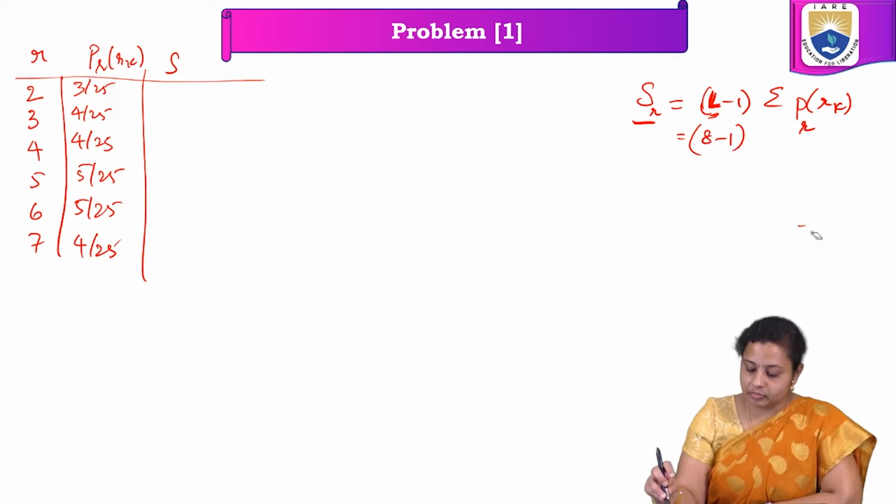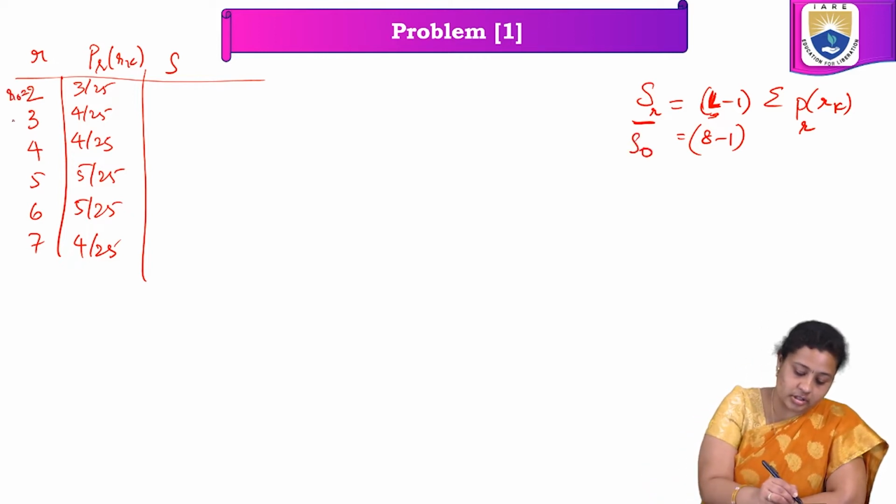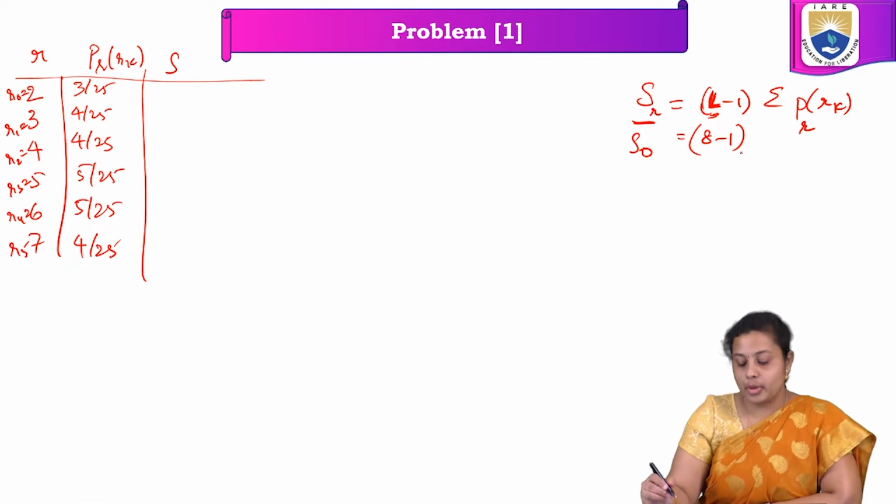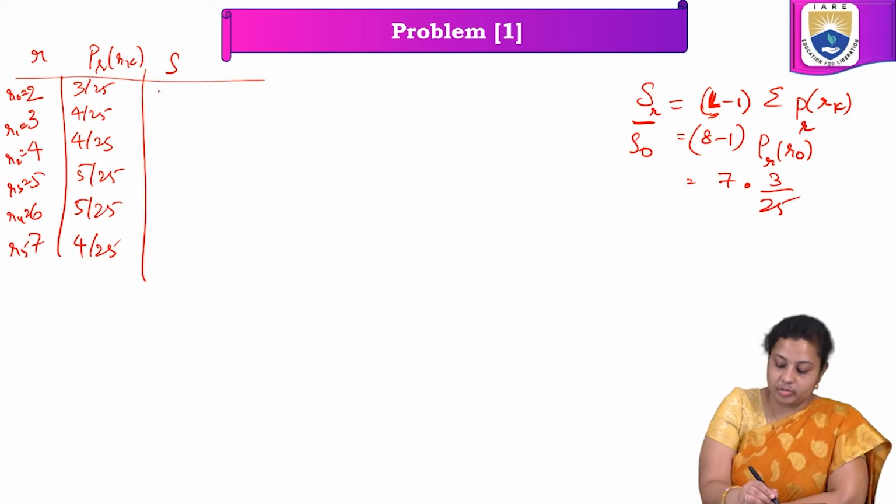If we are calculating for s0, where r0 is this, r1 is this, r2 is this, r3 is this, r4 is this, r5 is this, then s0 equals 8 minus 1 into the probability of r0. So this is 7 into 3 by 25, which gives us 21 by 25.